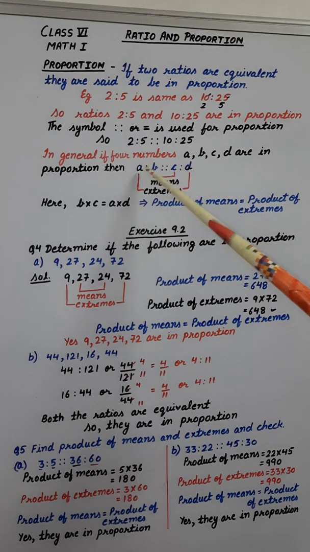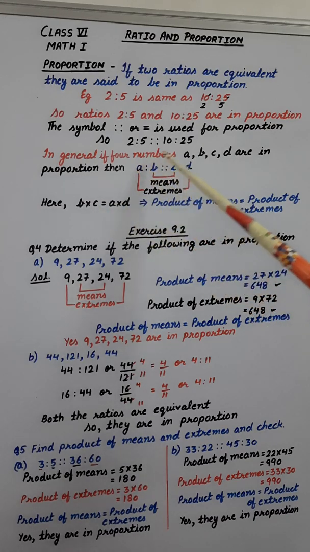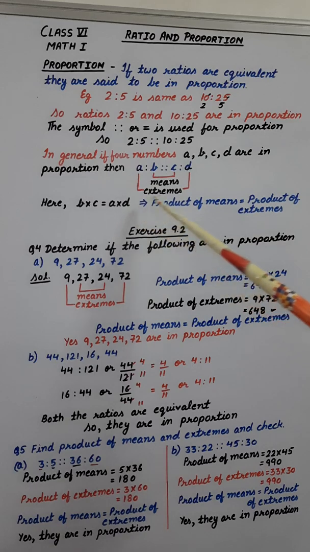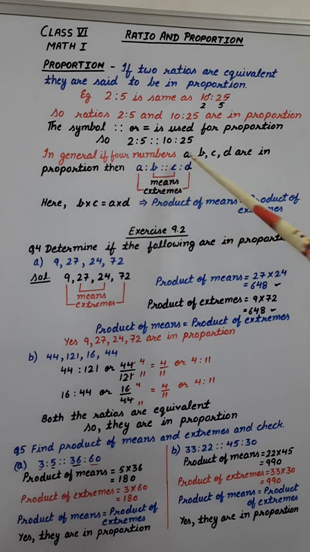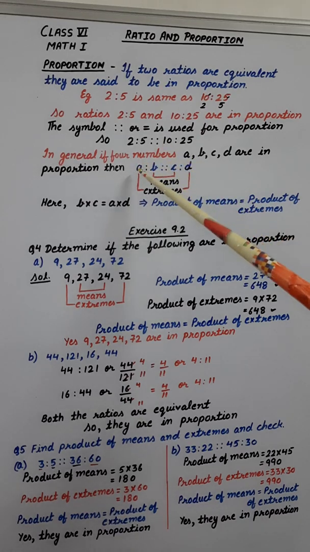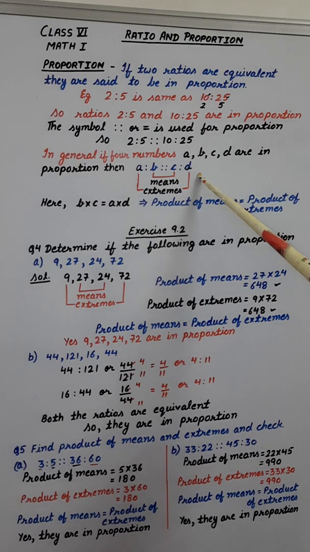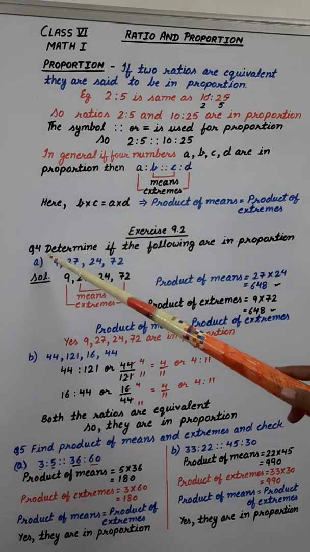So when they are in proportion, then B multiplied by C is equal to A multiplied by D. That means the product of means, that means the middle terms, should be equal to the product of extremes if numbers are in proportion.